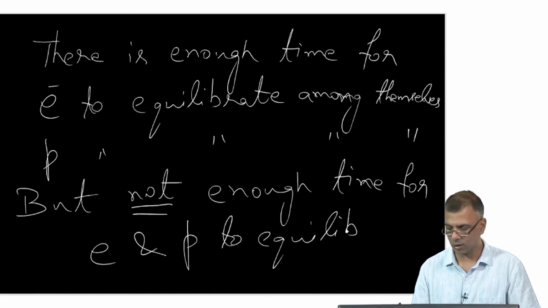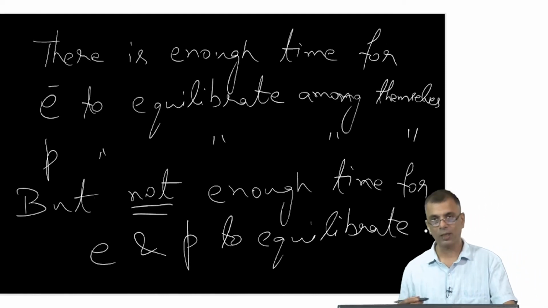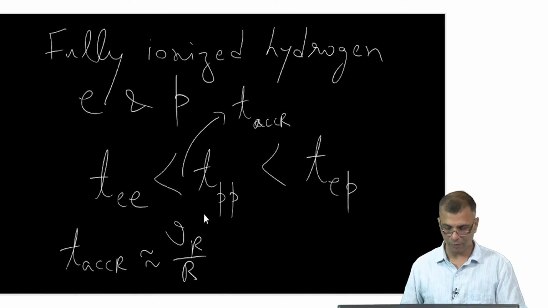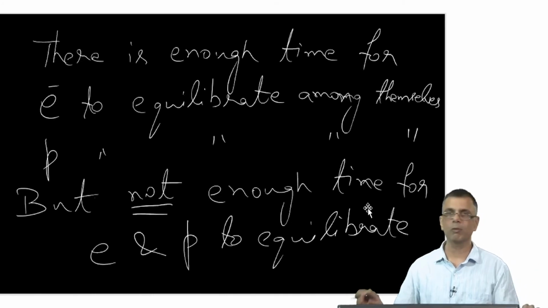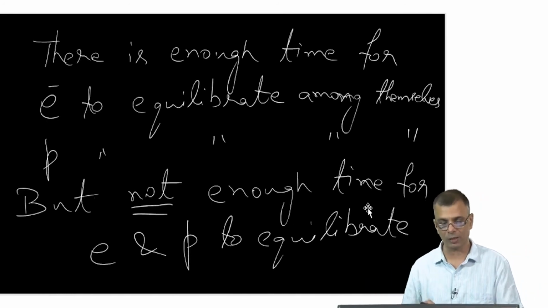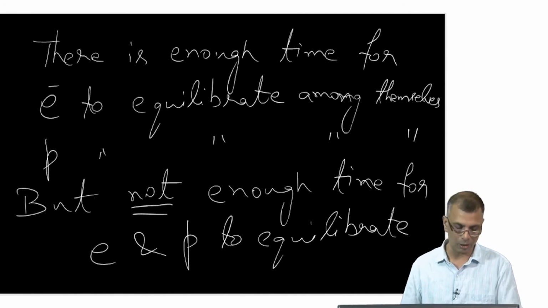In other words, there can be situations where the VR is such that there is not enough time for the electrons and protons to equilibrate among themselves. There is not enough time for interspecies equilibration. There is enough time for intraspecies equilibration, but not enough time for interspecies equilibration.